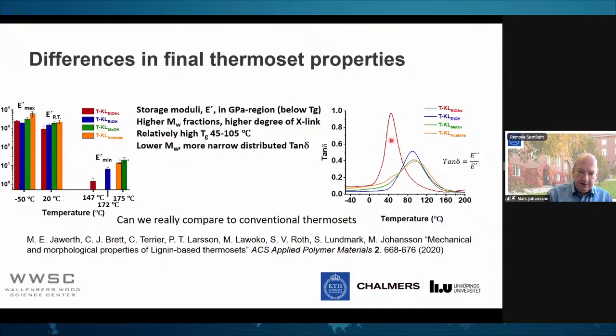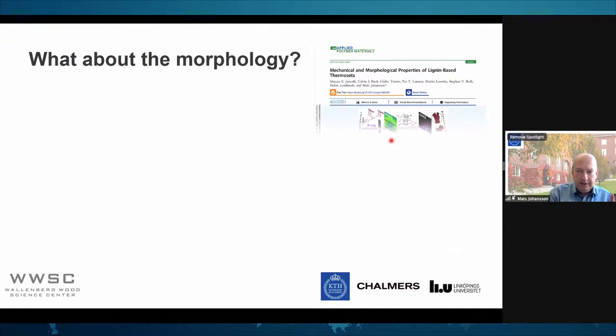Can we compare this? That is the key question here. Can we compare this to conventional thermosets? Or are there other reasons than the traditional ones that make these differences? To reveal more about that, we started to look into the morphology of the crosslinked network using X-ray scattering.